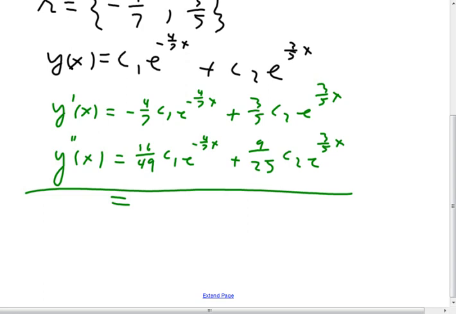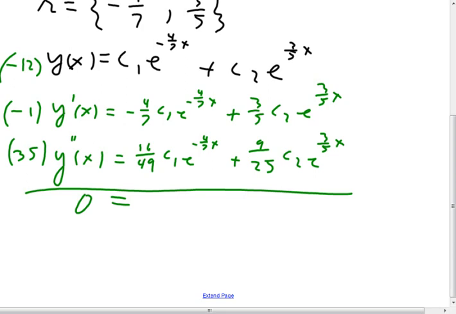Okay, and I want 35 of this guy, and minus 1 of that guy, minus 12 of this guy. And when I get done, I best have 0.